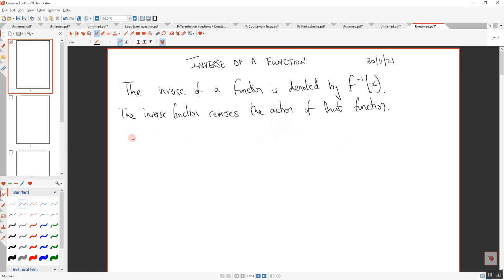There is a reflection that we can think of, but we'll get to that in a sec. So if I think about composite functions, if I'm taking the inverse function and subbing it into the original function, it's going to give us x out.